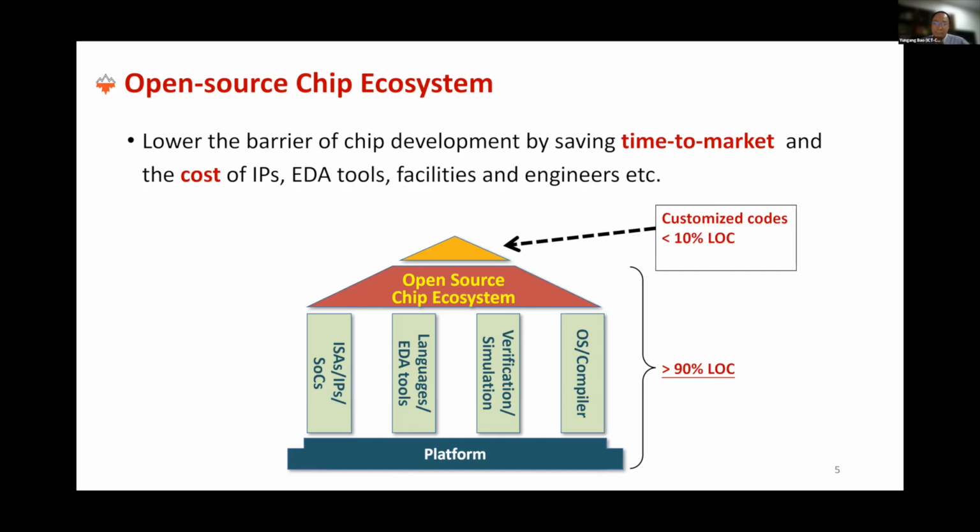In this ecosystem, if we want to build a system on chip, we hope that we can leverage 90% of lines of code or IP modules to develop the SoC chip, and only need to finish less than 10% of customized code.